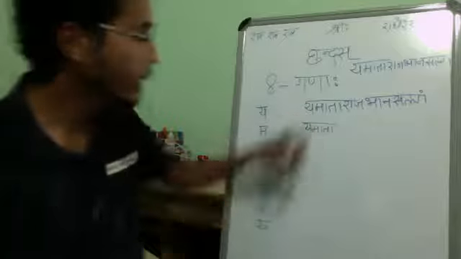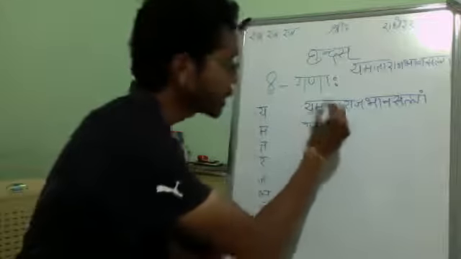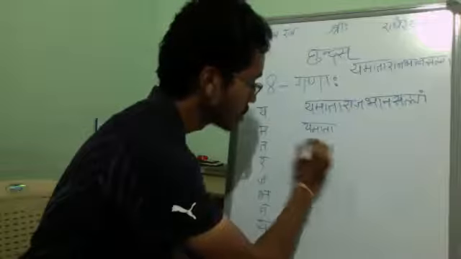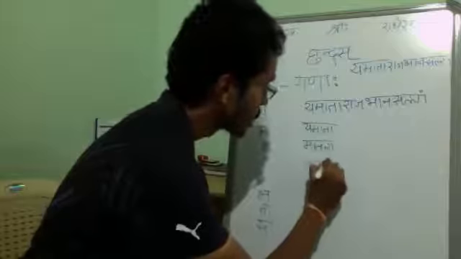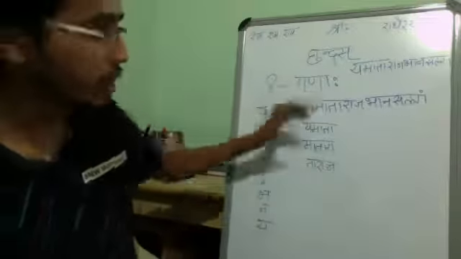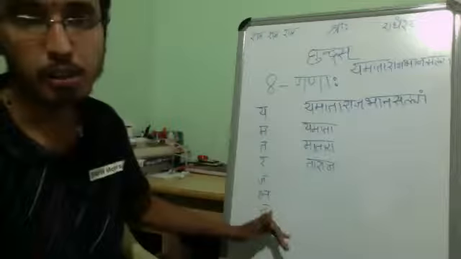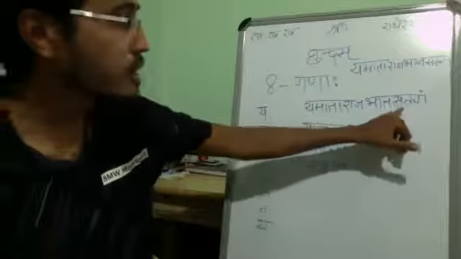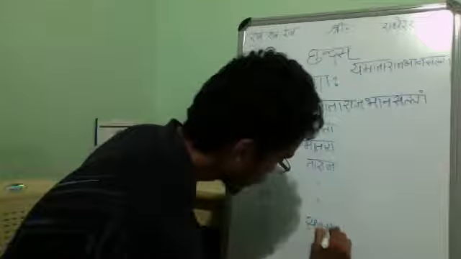Now, take the second letter, Ma, take the next 2 letters. Tara. Take the third, Ta, Raja. So, start taking the first letter and the next 2 letters, and you will get 8 different words ending with Salagam. So, it will go on till Salagam.